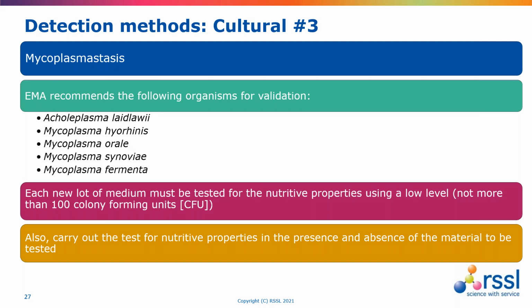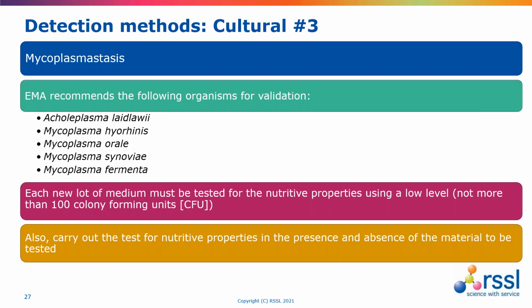And this is necessary so we can detect any inhibition of mycoplasma growth in the actual test. I want to get ones that are fastidious, that have different growth rates, that perhaps have the likelihood of being a contaminant of the cell culture, and also ones that are known to be pathogenic to the cell lines under review.